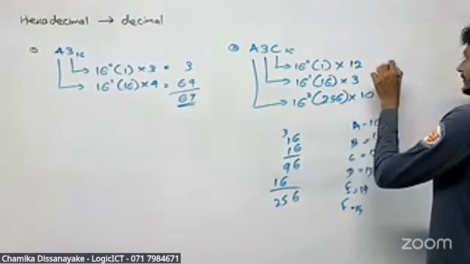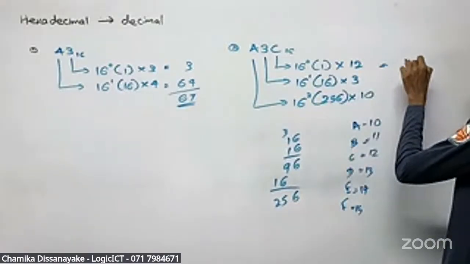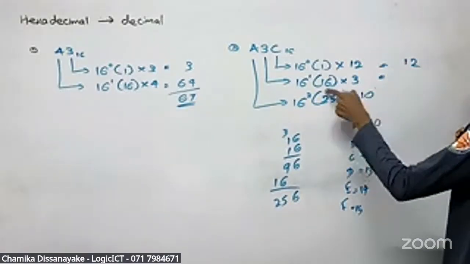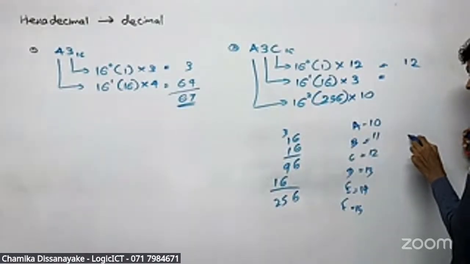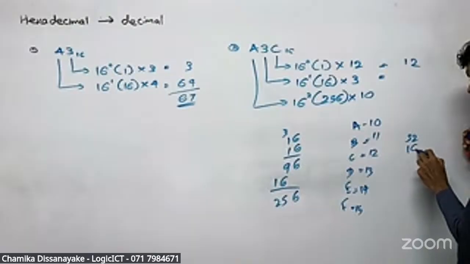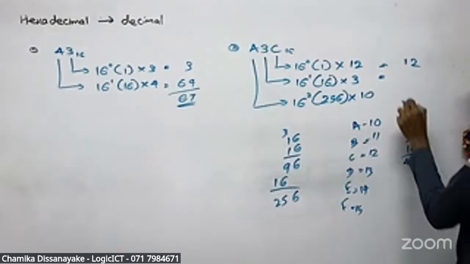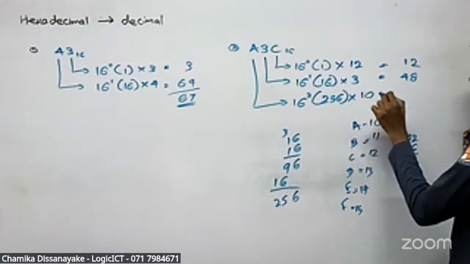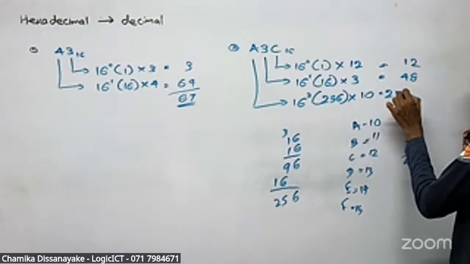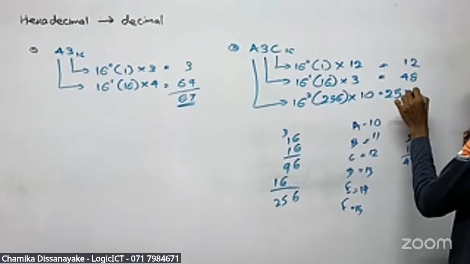Let's see. 1 multiplied by 12 is 12. 16 multiplied by 3 is 48. 256 multiplied by 10 is 2560.